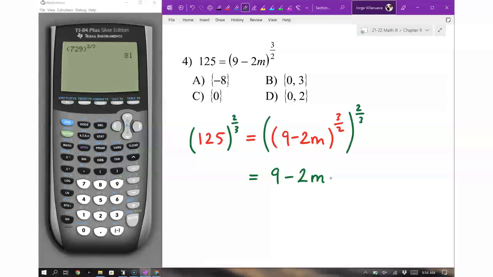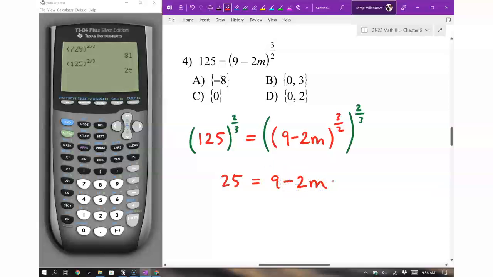On the left side, I'm going to use my calculator. 125 to the power of 2 over 3. I hit enter. It gives me a 25. Let me write that in red, that way we can keep it with the work here. So 25 equals 9 minus 2m.